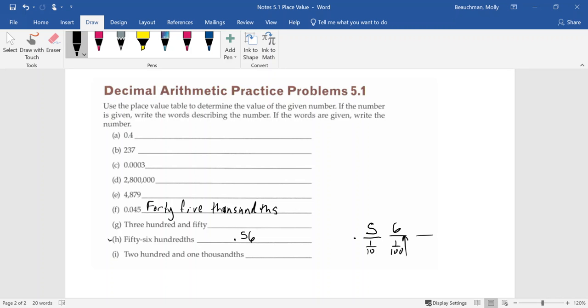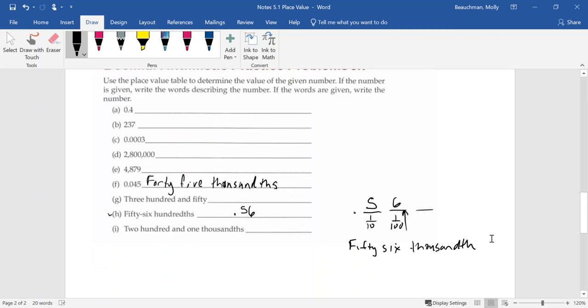Now, if we would have had 56 thousandths, we would have to go one further. Thousandths is the third place, so we want to make sure that the 56 would end 3 places beyond the decimal point. In that case, we'd have to add a 0 to make sure we get the tenths, hundredths, thousandths place. So this is 56 hundredths or 56 thousandths.